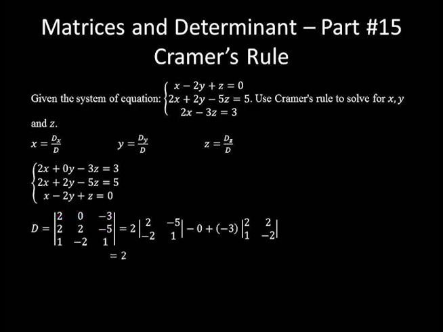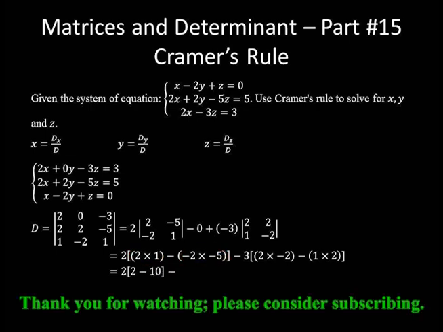The determinant of a 2 by 2 matrix is simply the product of the main diagonal elements minus the product of the remaining 2 elements. That's 2 times (2 times 1 minus negative 2 times negative 5) minus 3 times (2 times negative 2 minus 1 times 2). 2 times 1 is 2, negative 2 times negative 5 is 10, 2 times negative 2 is negative 4, and 1 times 2 is 2.